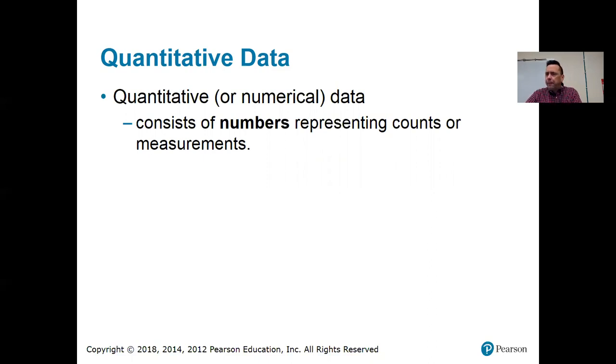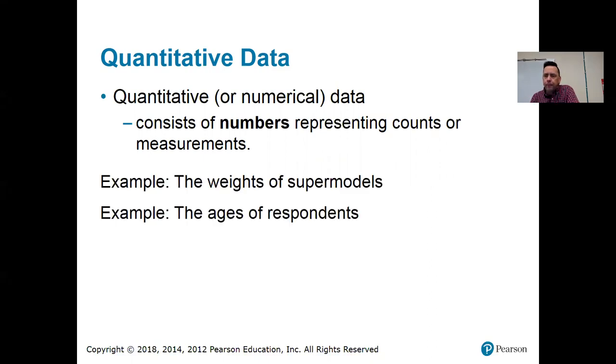So there's one example in here that I like. The numbers on the back of sports jerseys, for example, do not represent counts or measurements. They're basically just labels, okay? So that would not be an example of quantitative data. Here are a couple of examples of quantitative data: weights and ages. Okay, they represent measurements.